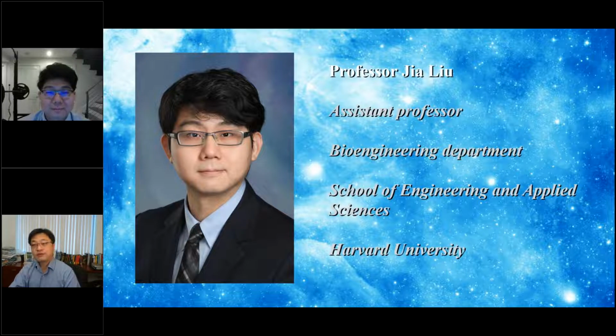Professor Jia Liu has developed a variety of tools that combine nanoelectronics, polymer chemistry, genetic engineering, and tissue engineering to address multiple challenges in neuroscience, neuroengineering, brain-machine interfaces, and cardiac arrhythmia. His work has established some of the fundamental principles for the current state-of-the-art tissue and brain-machine interfaces used in both academic research and industrial applications.